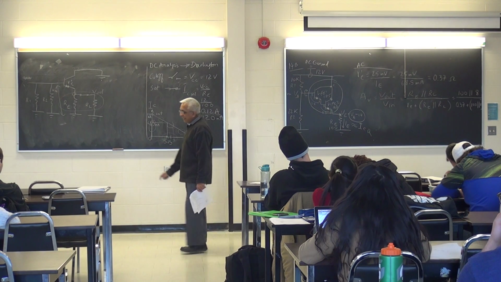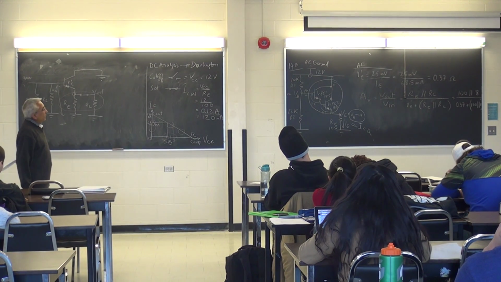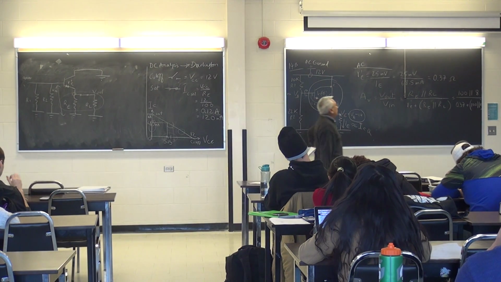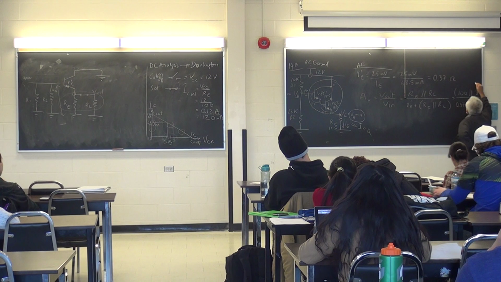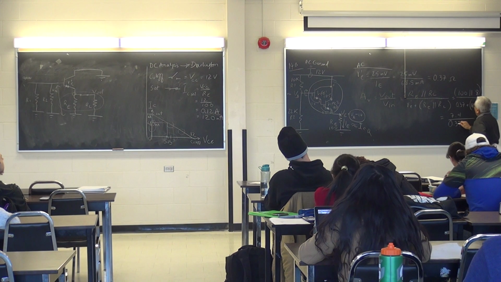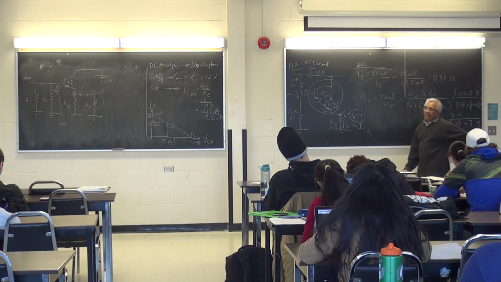How much is 100 in parallel with 8? Product over sum. 7.4, okay? So this is 7.4 divided by 0.37 plus 7.4. Like 0.9 something? 0.953. 0.95. Okay, so that's my gain.